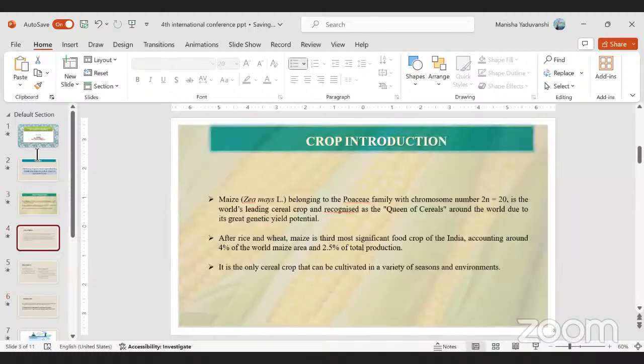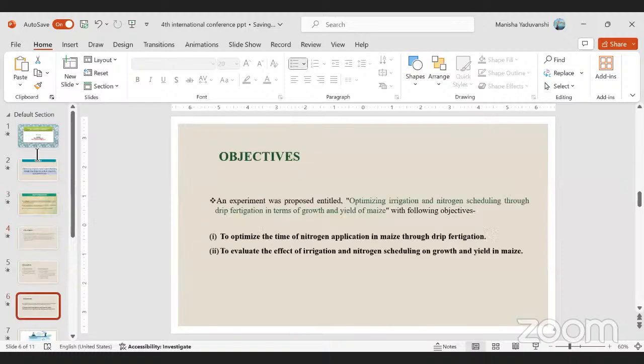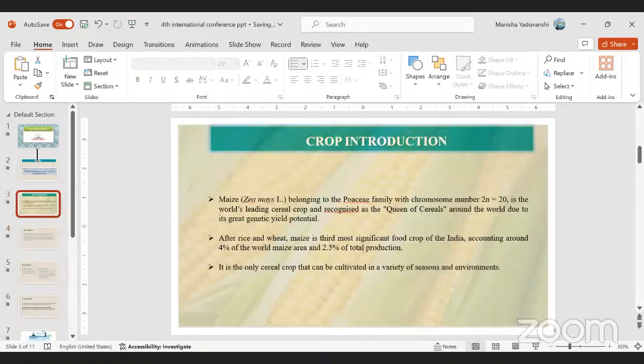Three treatments of irrigation and 6 treatments of nitrogen were taken in a split plot design. In the main plot, the irrigation treatments were 100%, 80% and 60% pan evaporation.